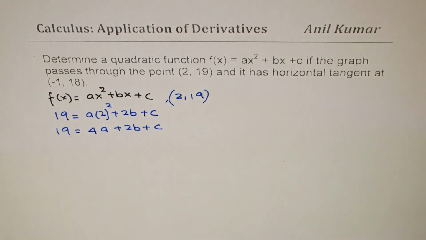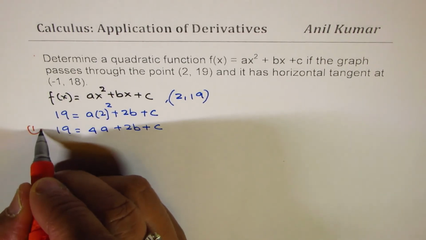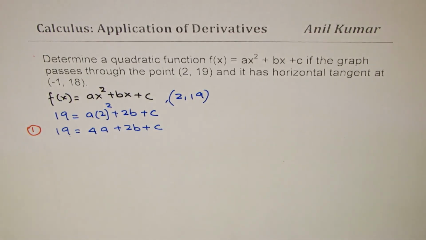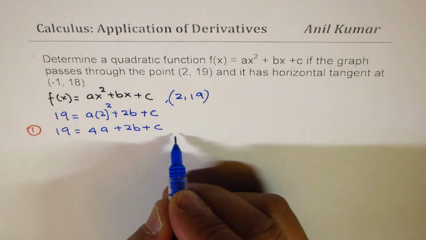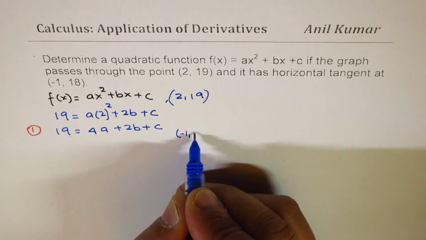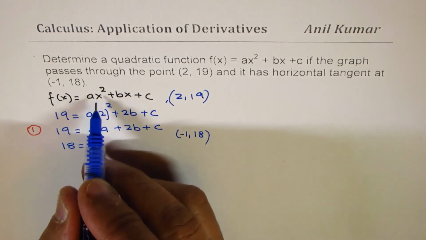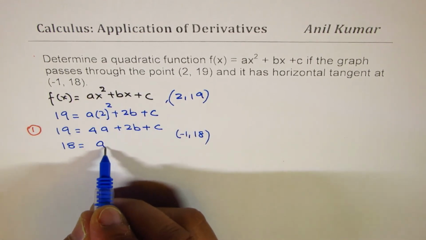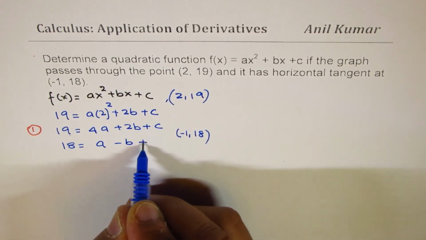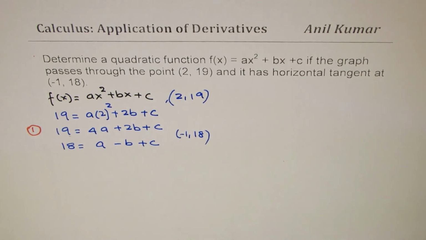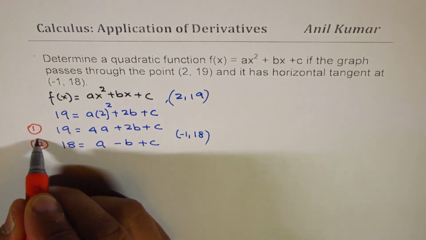Let me call this equation number 1. Now, we are going to use the second point, which is minus 1, 18. So 18 equals minus 1 squared is 1, so we get a minus b plus c. I'll call this my equation number 2.